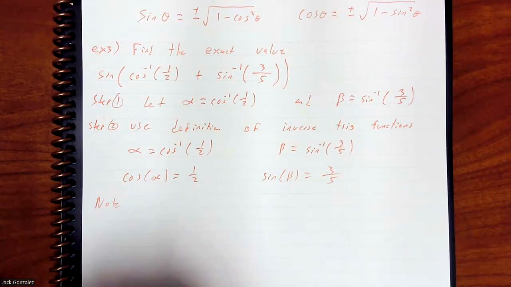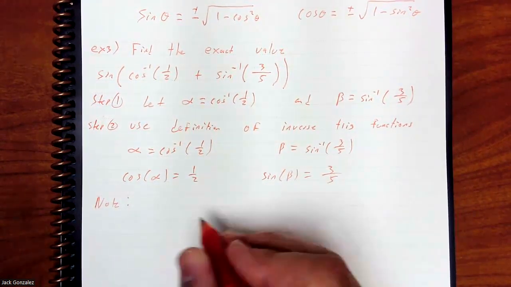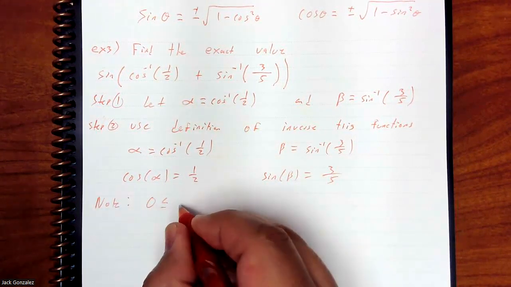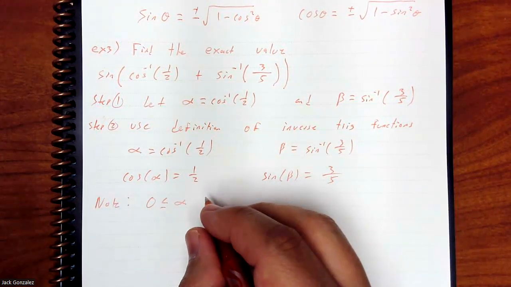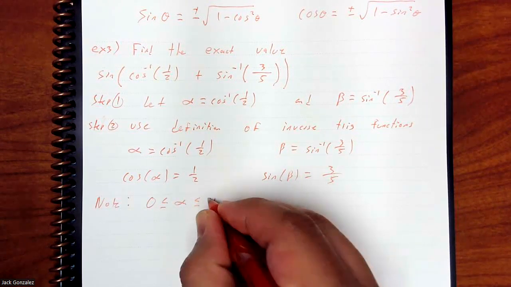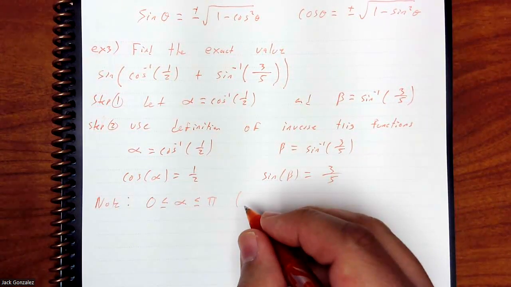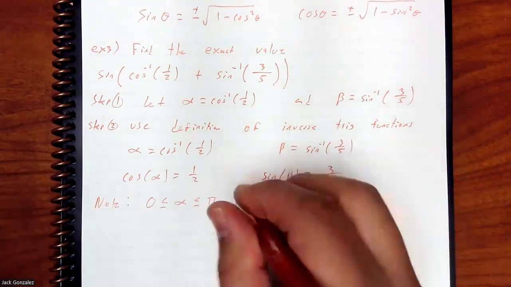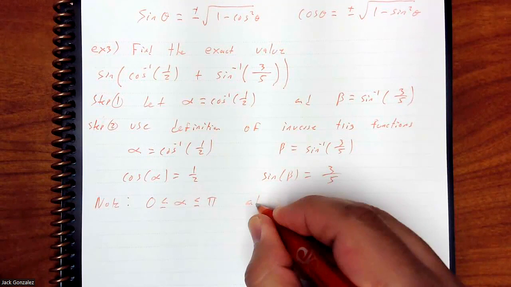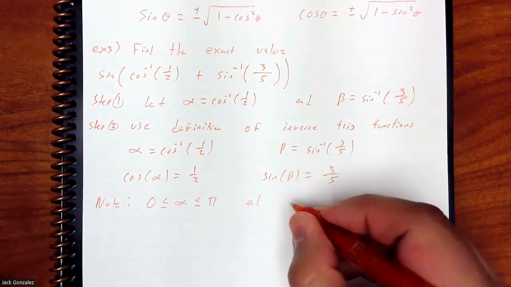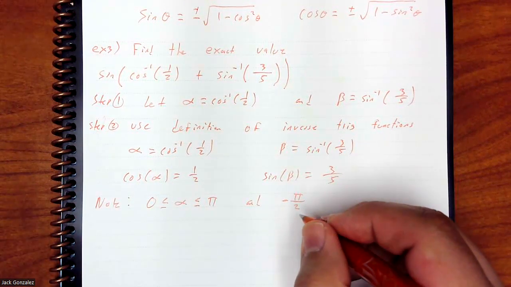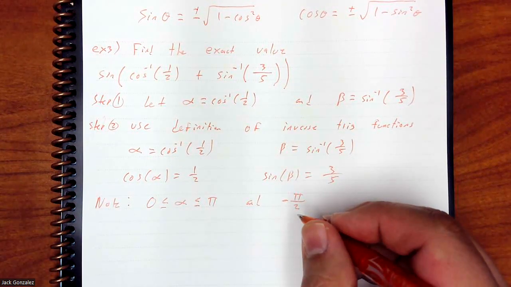Note that alpha is between 0 and pi. And beta, actually, I'm sorry, this is from the domain and range of inverse functions.